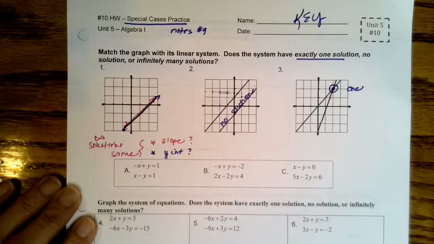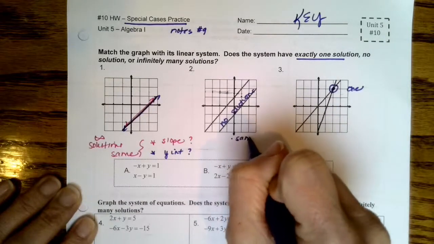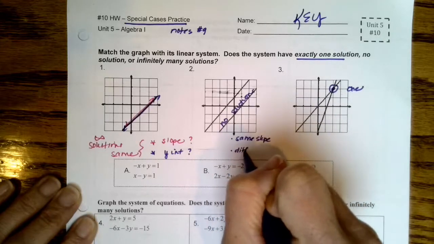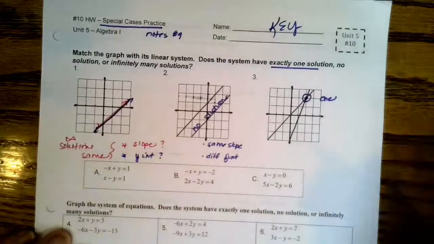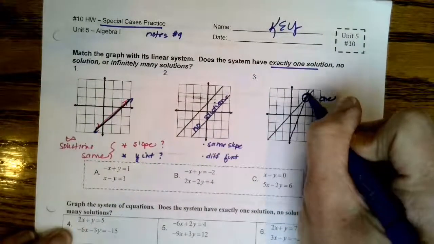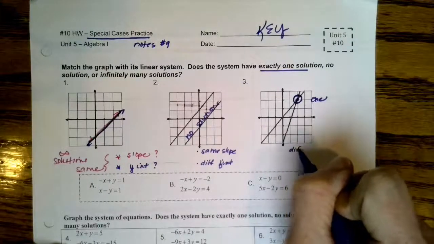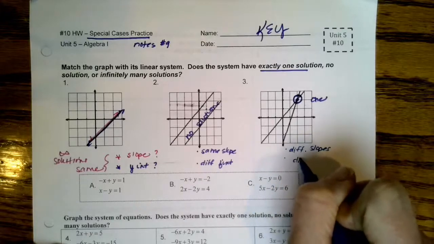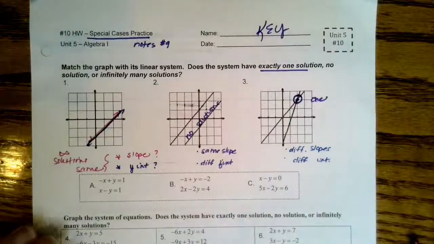If I have no solutions, then that means it's the same slope, and that means it's a different y-intercept. If I have this story where I have one solution, that means it's different slopes and different y-intercepts.